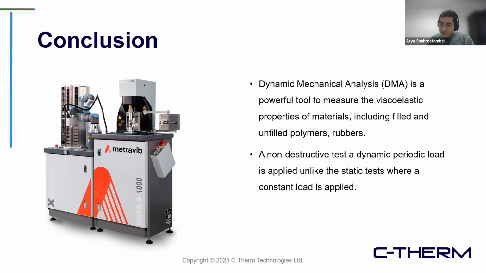DMA is a non-destructive test, and unlike static tests, where a constant load is applied, a dynamic periodic load is applied. That's all for today's webinar. Thank you so much, everyone, for joining us.